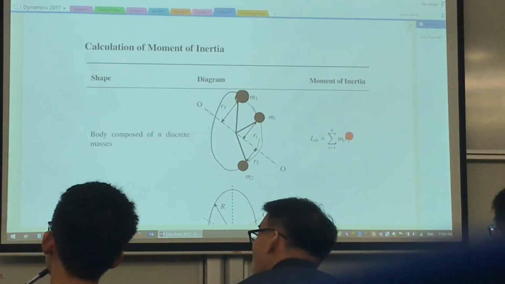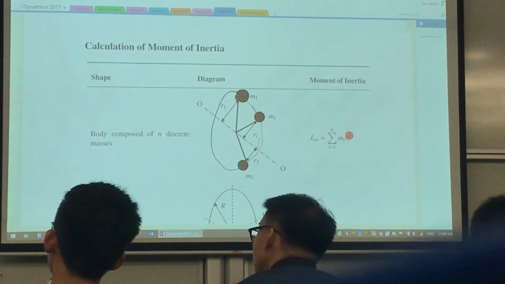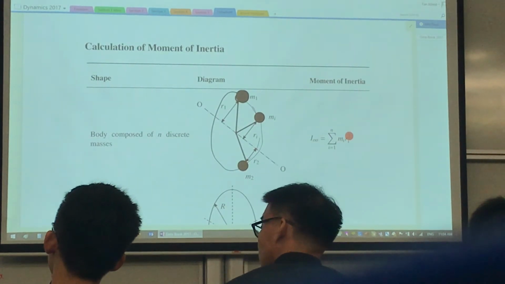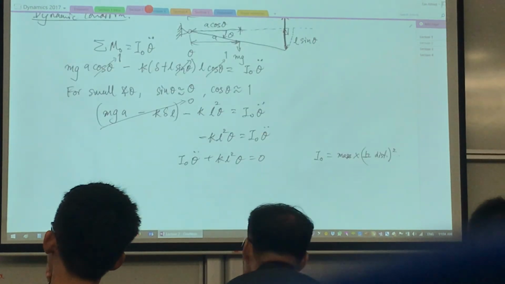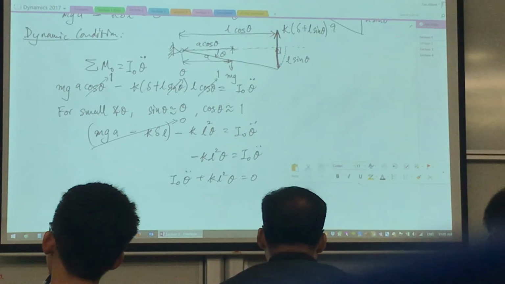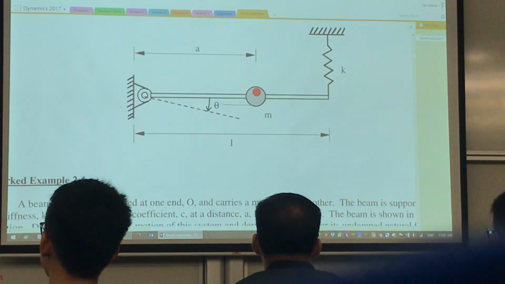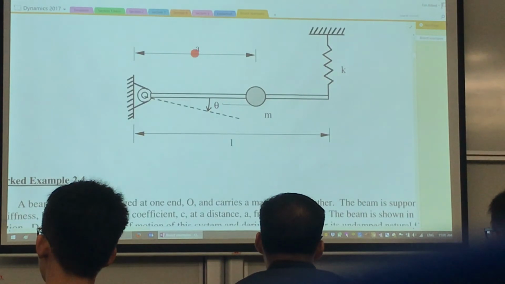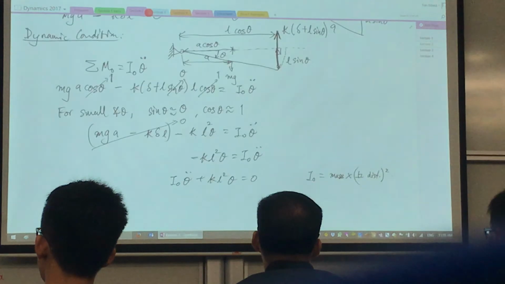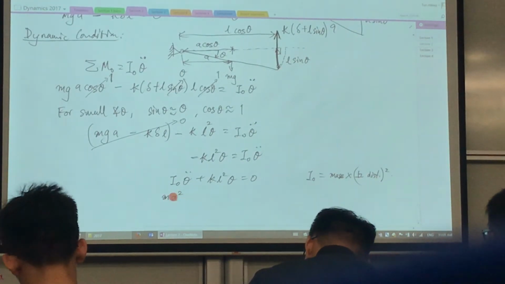So in this case, we have that figure in a very similar way. You have that point mass m at the distance a away, so that's why we have this as m a squared.